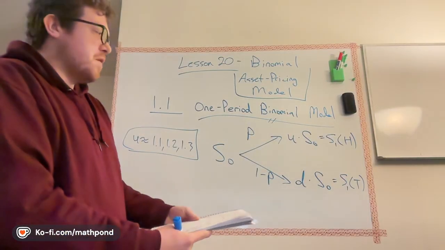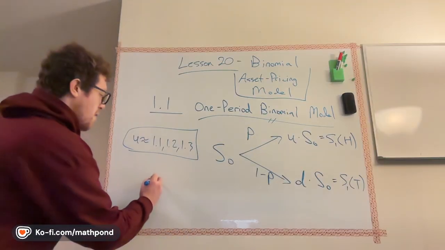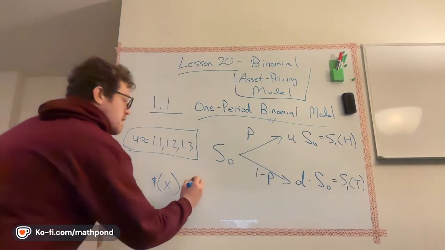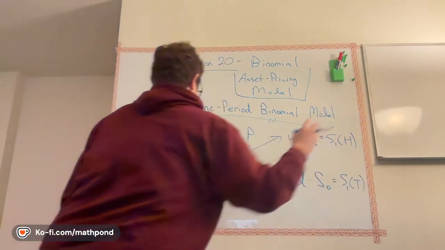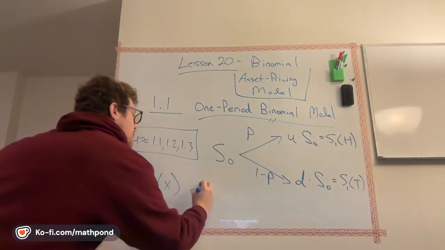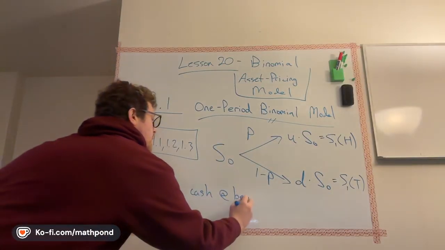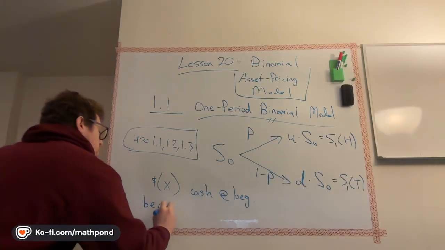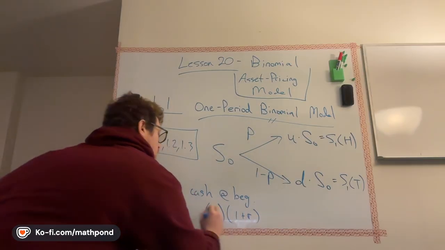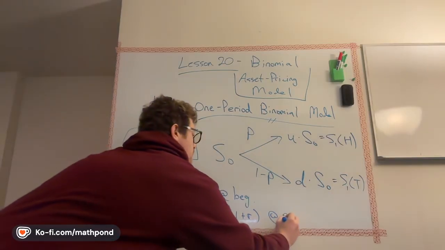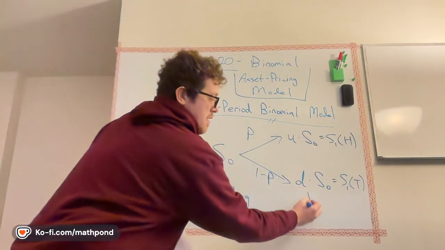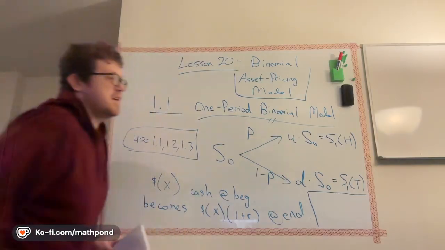So we're assuming the risk-free rate is R, and that means that if I start out with X cash at the beginning, and then I'm going to write the condition right here.